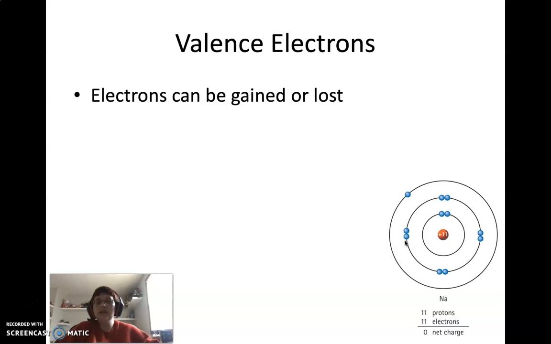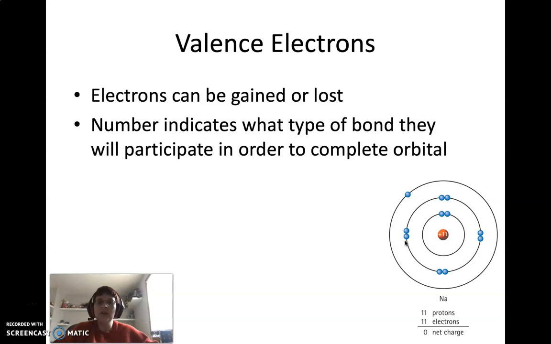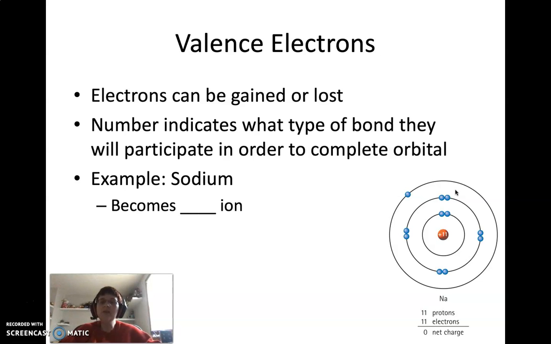So electrons can either be gained or lost. We talked about this at the end of the last chapter. The number of electrons they gain or lose indicates what kind of bond they're going to participate in to complete that orbital. Sodium is going to lose electrons, because it's a lot easier to lose this 1 electron than to get or share 7.